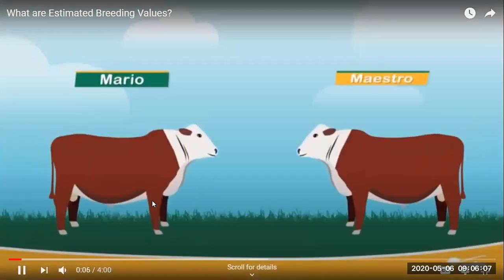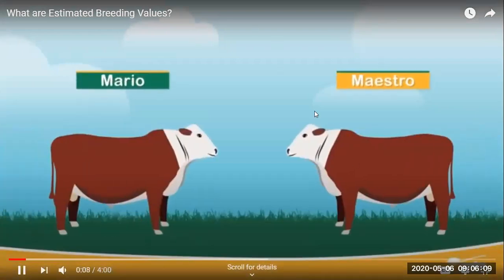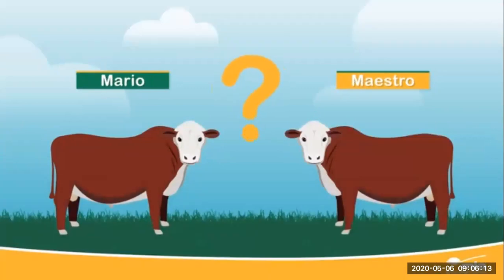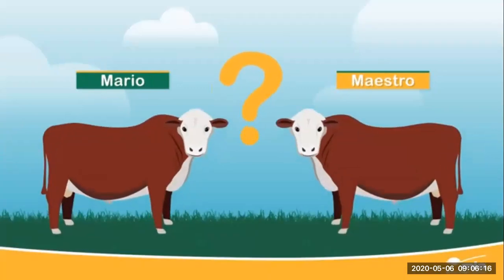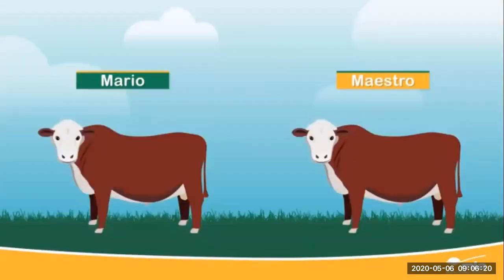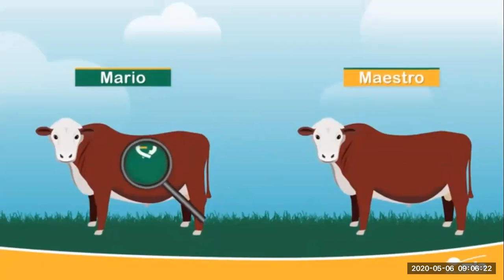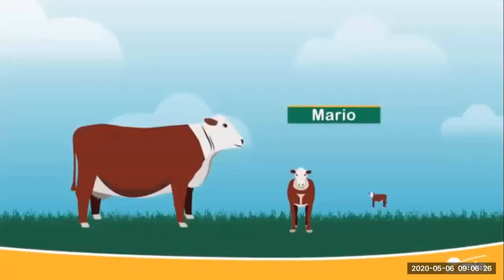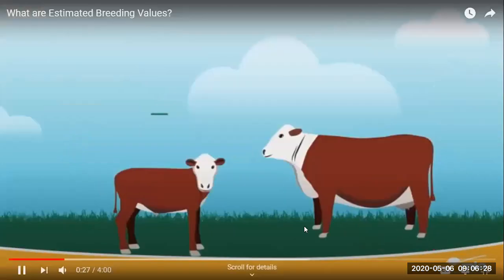Meet Mario and Maestro. If you didn't know their genetic backgrounds or how they were raised, it would be difficult to decide if Mario or Maestro was the right bull for you. They both look physically similar, but how do you know what genetics each bull will pass on to their progeny? What if one was younger and the other born to a mature cow?